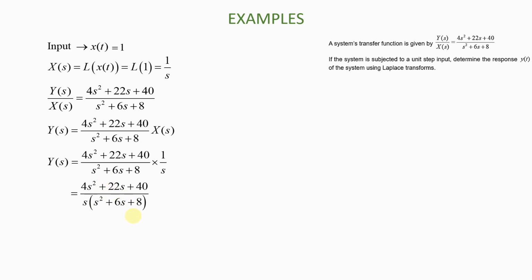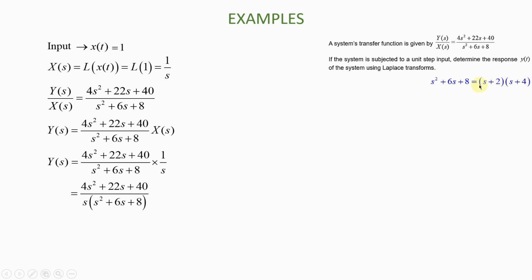And so if you remember from your math course, if you have s squared plus 6s plus 8, this can actually be written as a product of s plus 2 multiplied by s plus 4. Okay, as you can see here, s squared plus 6s plus 8 is equal to s plus 2 multiplied by s plus 4. This is from maths. It's elementary. You should be able to break this into this multiplication.